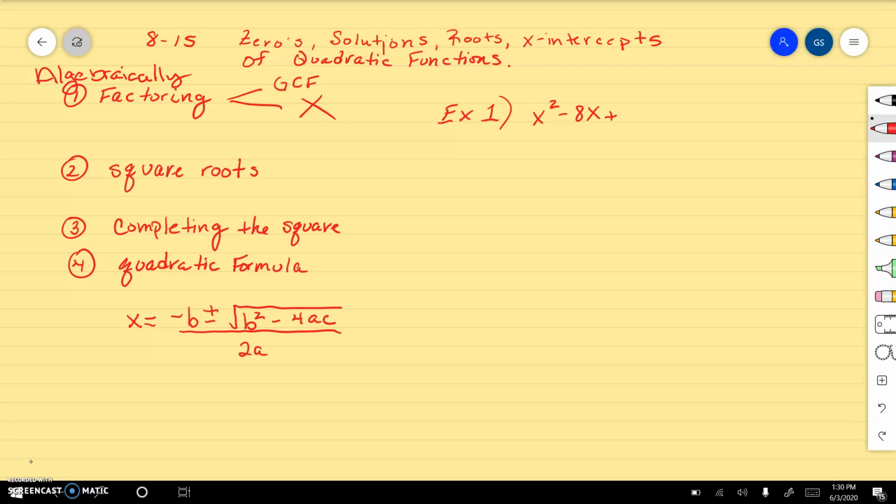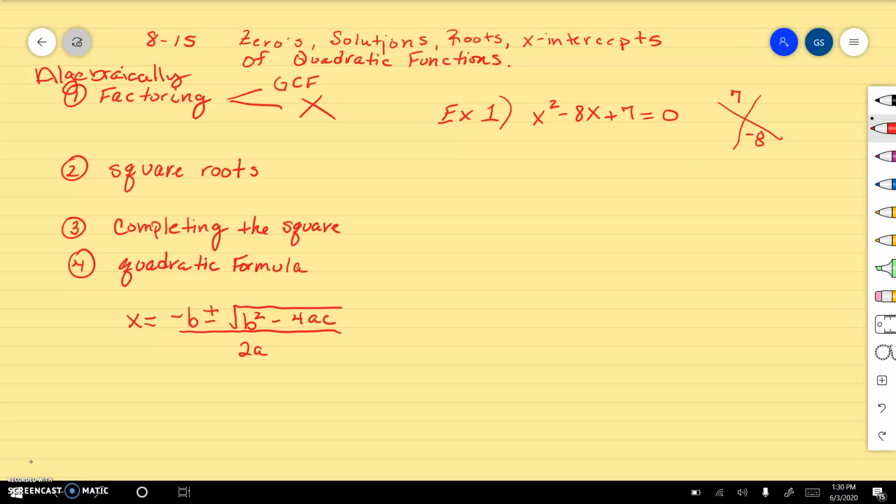Okay, so it's a trinomial. I'm going to try to solve it by using the x. If you remember, the last number goes in the top, and the middle number goes in the bottom. We're looking for two numbers that multiply to be 7.